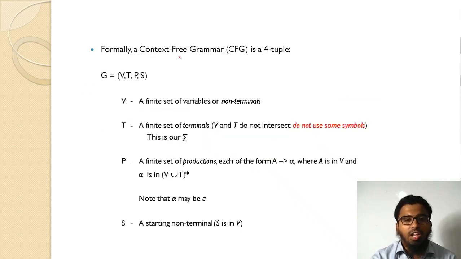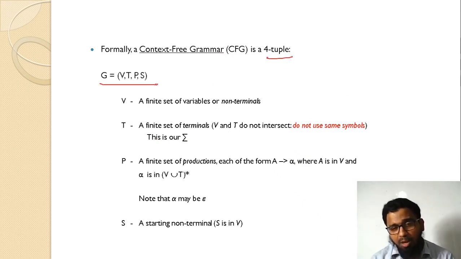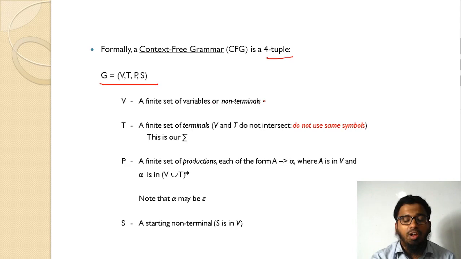Next, here CFG has 4 tuples, and G is equal to (V, T, P, S). What is V? V is a finite set of variables or non-terminals.